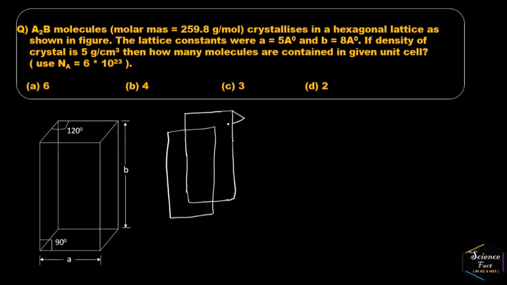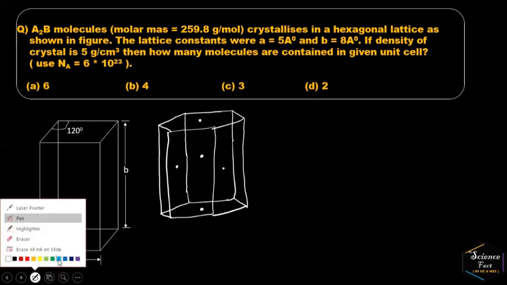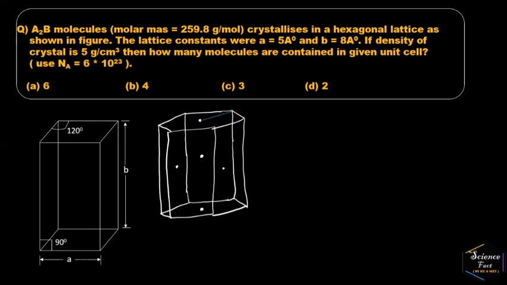So this is a hexagonal prism like that. And we know that the face center also contains an atom, and 3 atoms will be present in this form. If we draw the structure, we will get this type of structure, you can see that.